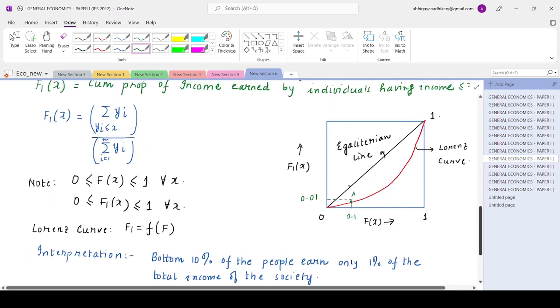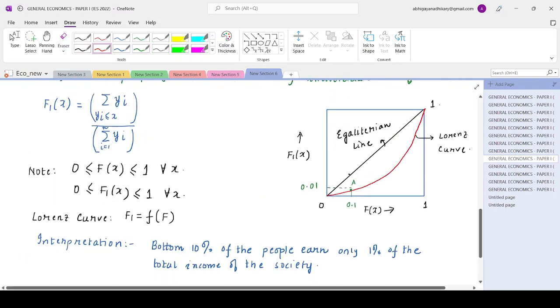So, as I mentioned a few minutes ago, the farther away the Lorenz curve is from the egalitarian line, the more is the degree of inequality.